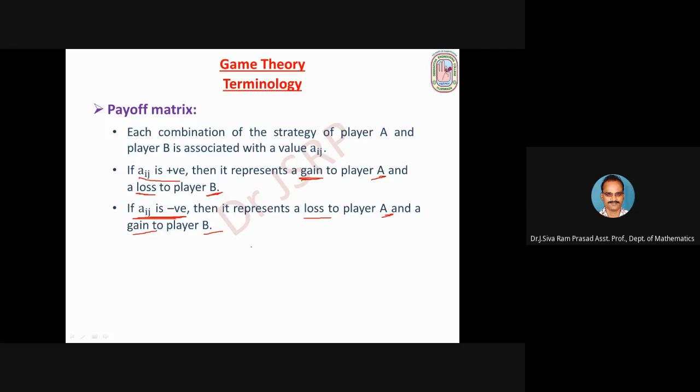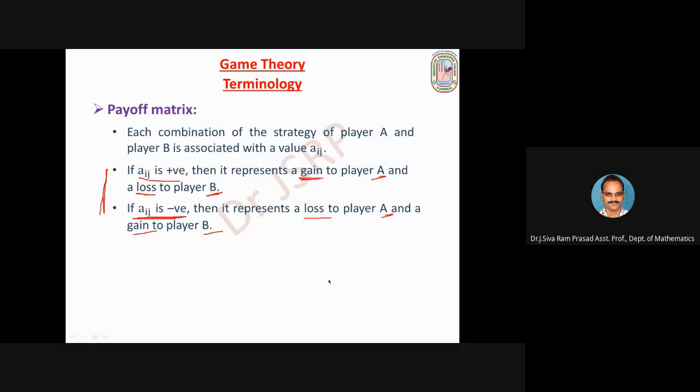In problems we will be given a payoff matrix. If a particular payoff is positive, it represents gain for player A and loss for player B. If it is negative, it represents loss for player A and gain for player B.